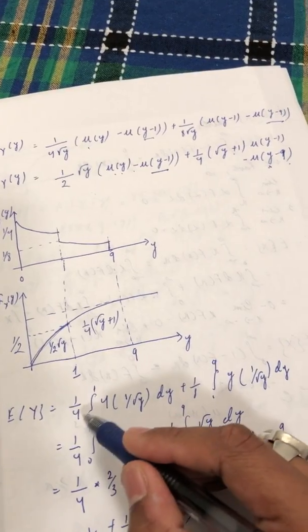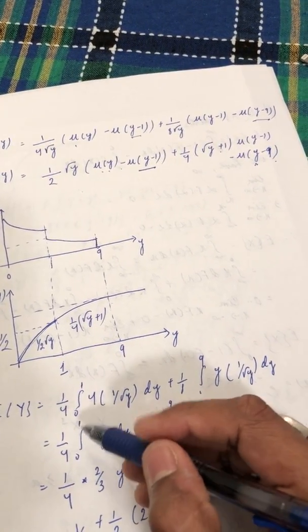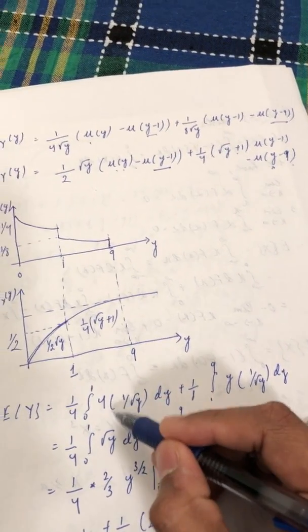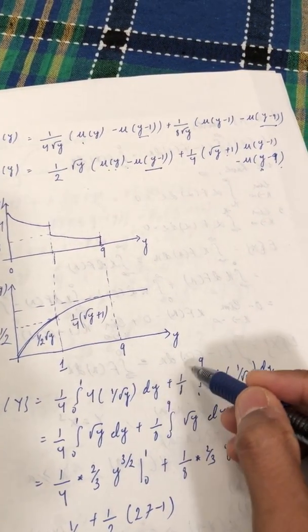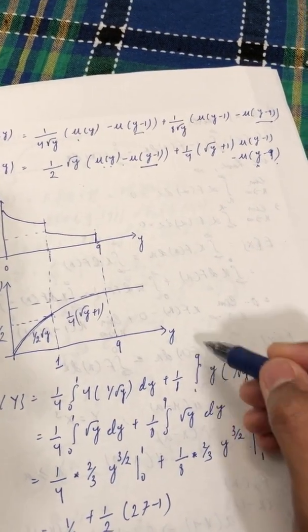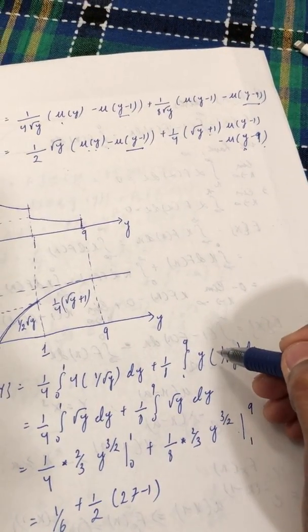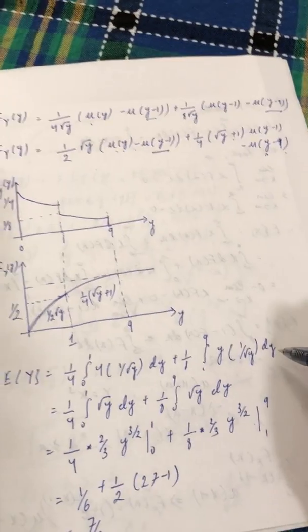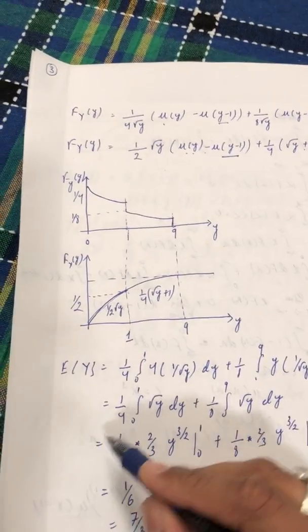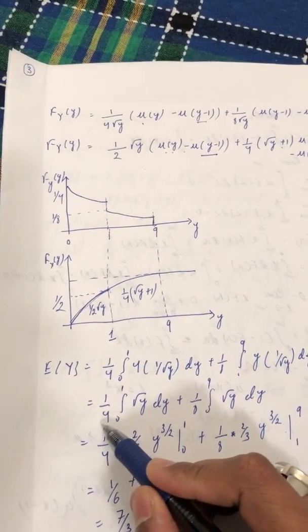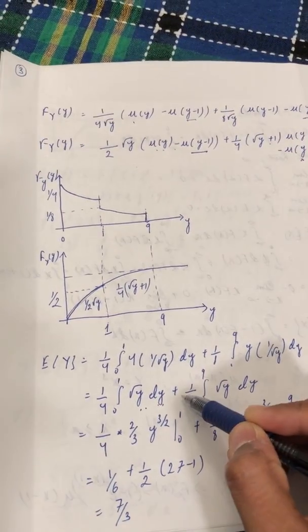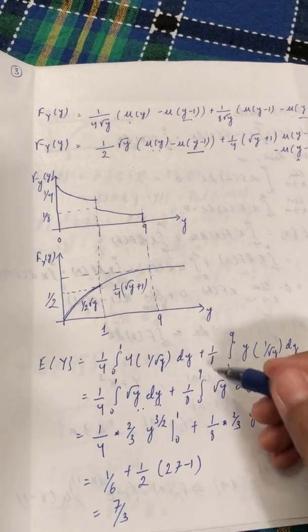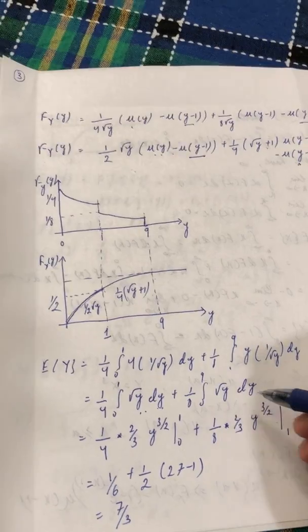So we can find the expected value of Y, which is equal to 1 by 4 integration from 0 to 1 of y times 1 divided by root y dy, plus 1 by 8 integration from 1 to 9 of y times 1 by root y dy, which equals 1 by 4 integration from 0 to 1 of root y dy plus 1 by 8 integration of root y dy.